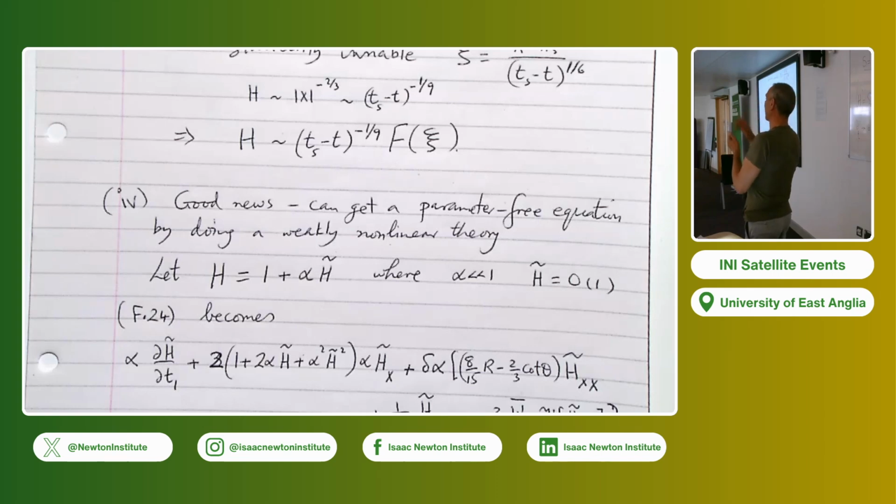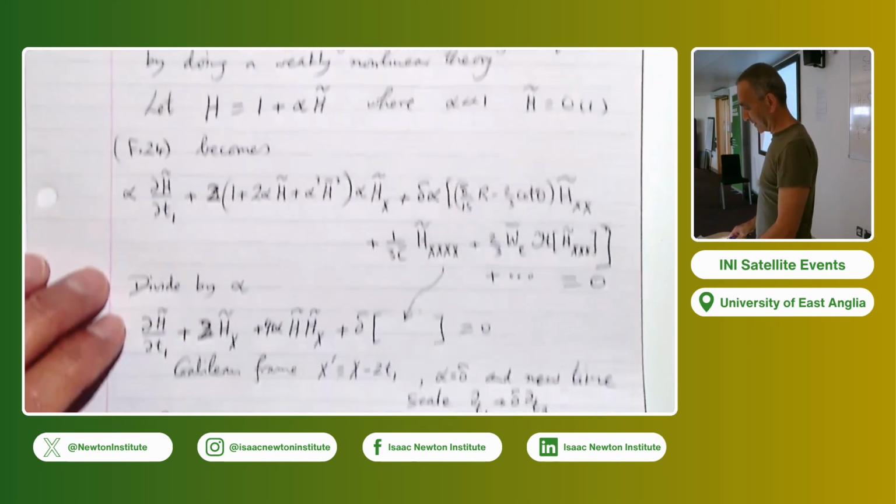I want some nonlinearity, so I'll get a quasi-linear type problem. How do I do that? Well, I know that h equals 1 is an exact solution of that equation, so I put an alpha times h there. And I'll look for an alpha that will give me some kind of nonlinear balance.